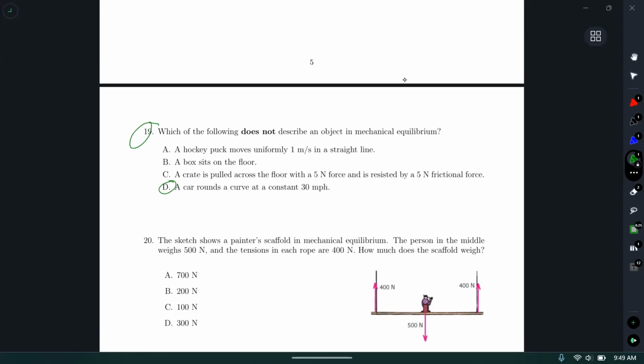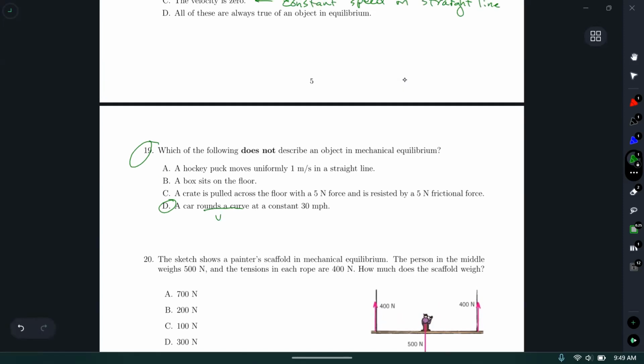Did the velocity change in that? Yes, absolutely it did. So the car rounds a curve. That means velocity changes because the direction changes. That means acceleration occurred, which means a non-zero net force acted. There was an imbalance of forces to change the car's motion.